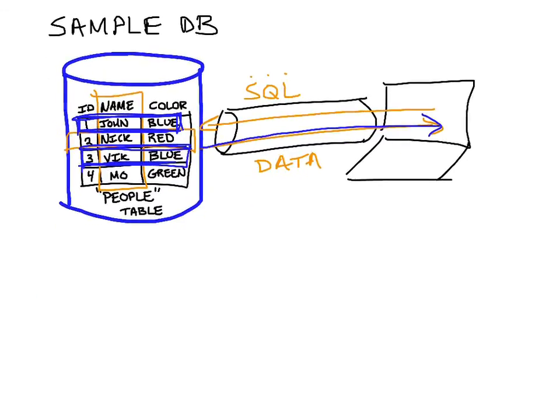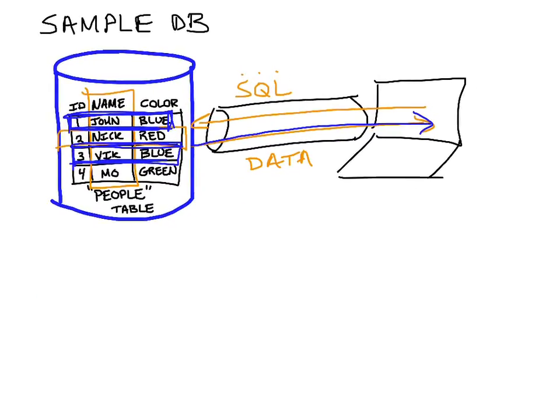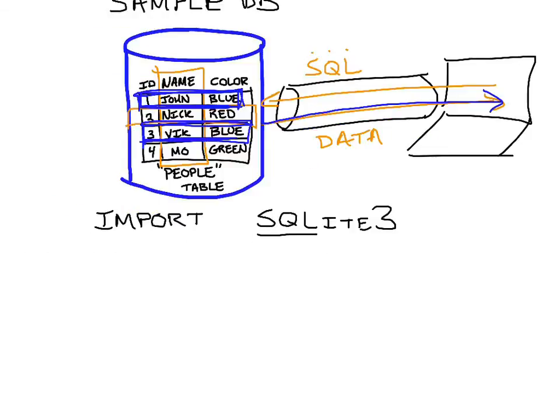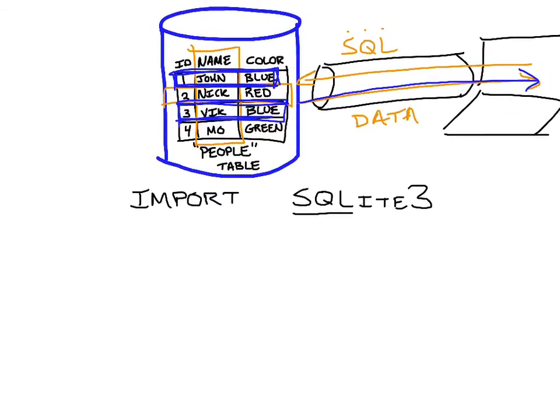So in Python, the way we do that is we use Python's SQLite module. So that's SQL, and sometimes you'll hear it pronounced "sequel", SQLite 3. So in order to use that, we just say import sqlite3. We want to create that connection we talked about.